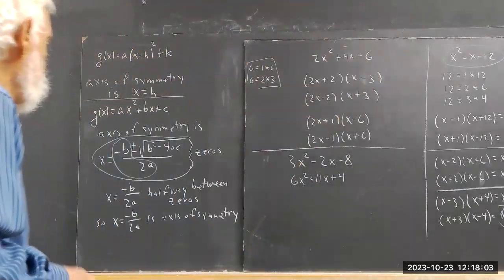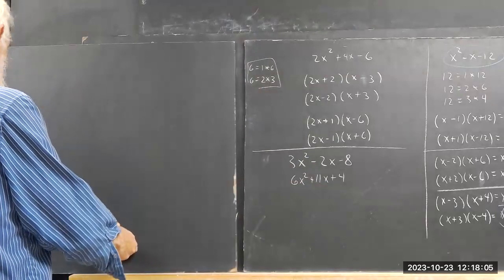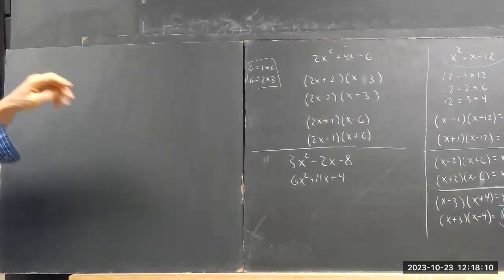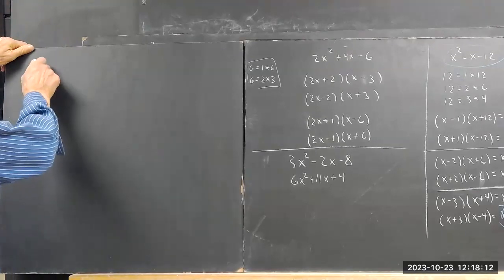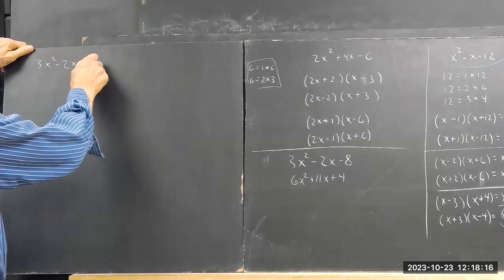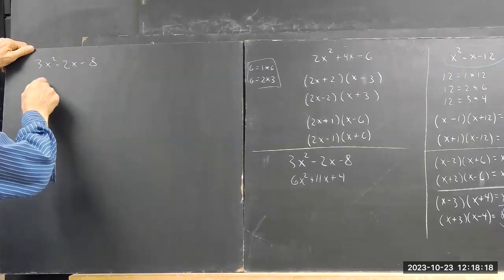Okay, so we got 3x squared minus 2x minus 8.